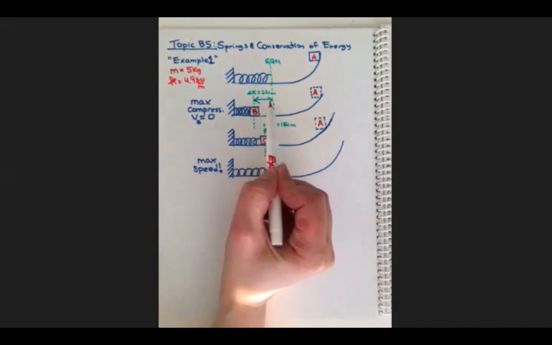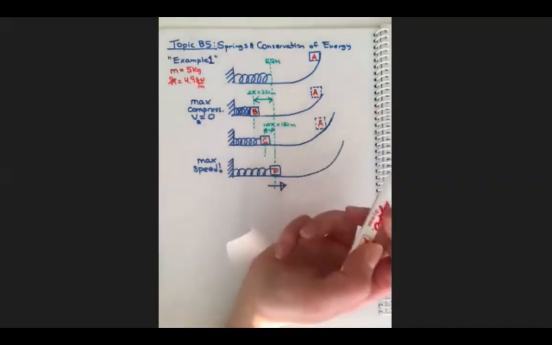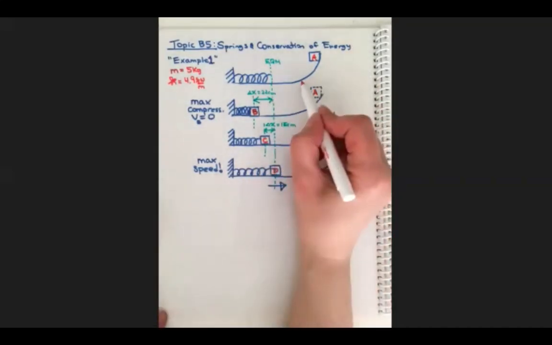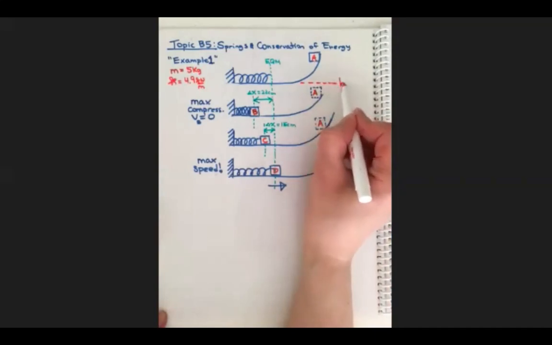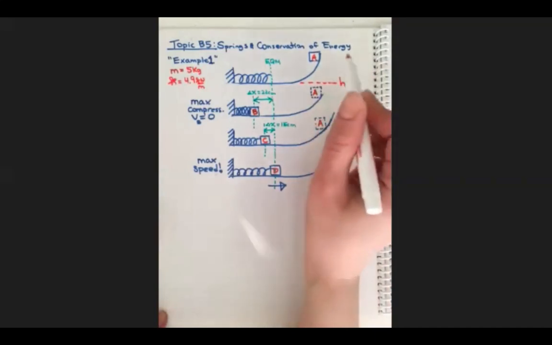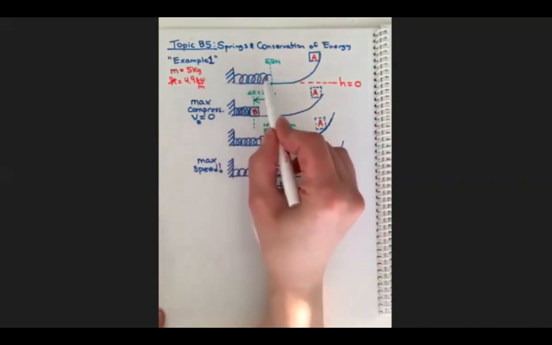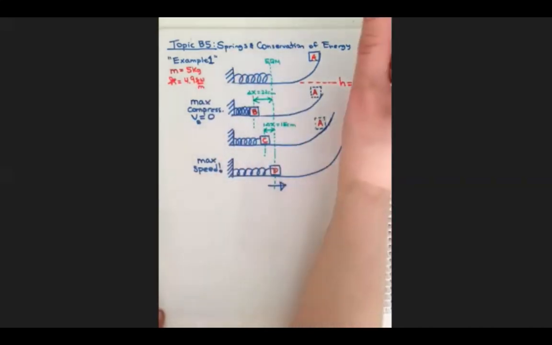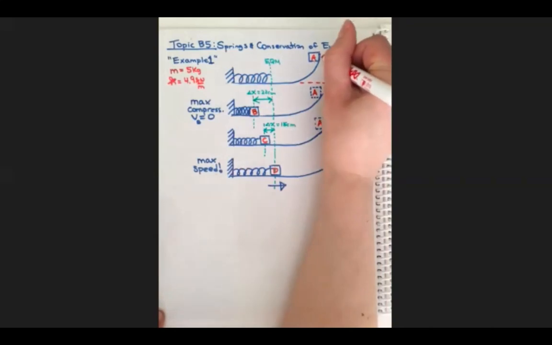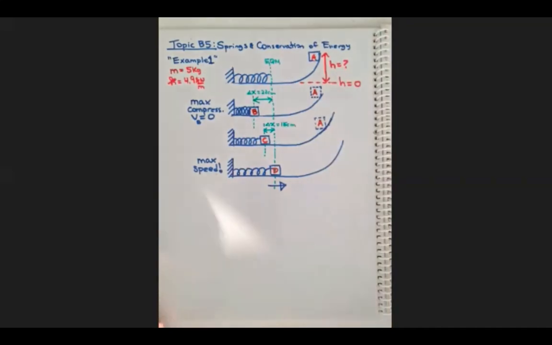With the other form of potential energy in this problem, gravitational potential energy, you need to know height above what reference. So it makes sense in this problem for all parts of the question and all of these diagrams to say that the level of the spring is height equals 0. And therefore, what we're looking for is this height here for part A. We're looking at the height at point A of the object.